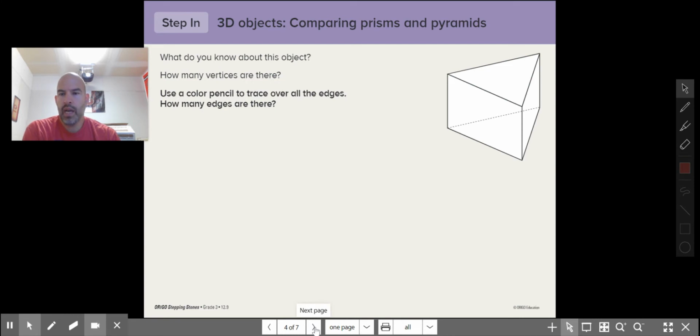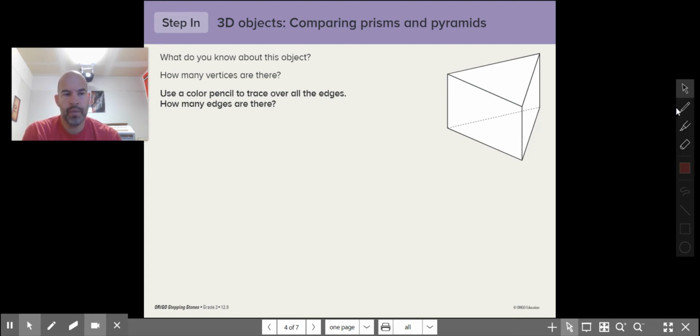Use a colored pencil to trace over all the edges. How many edges are there? So 1, 2, 3, 4, 5, 6, 7, 8, 9. Let's double check and make sure I did that right.